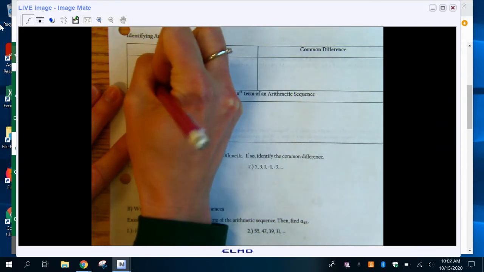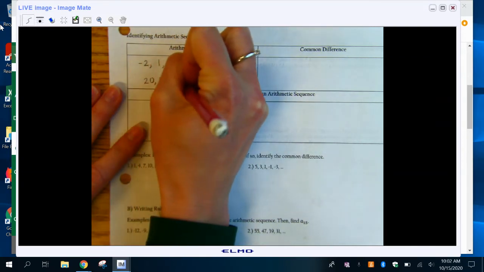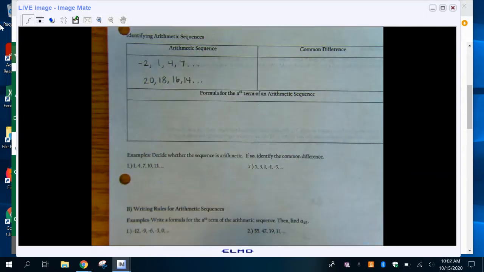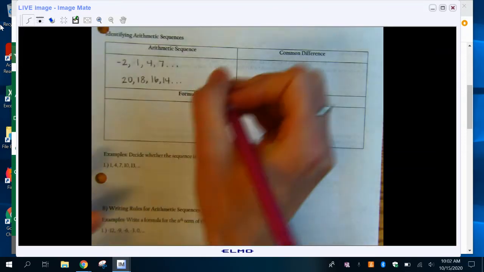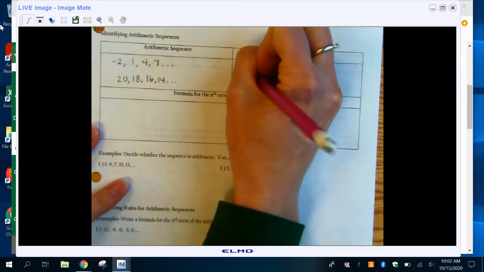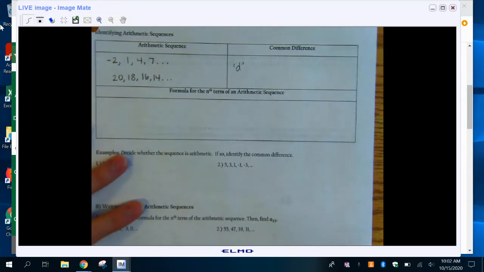Or like 20, 18, 16, 14, etc. Okay, that value that you are adding or subtracting is called your common difference, and it's labeled with the variable d.